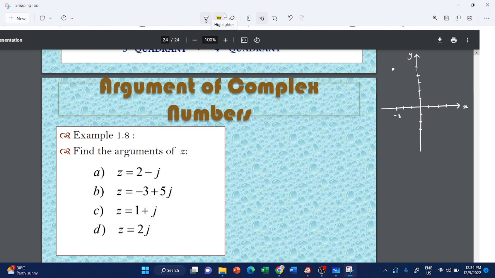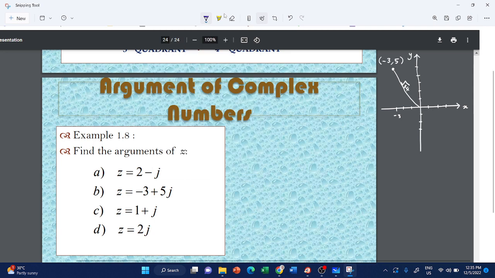The coordinate is -3 and 5. So the straight line is here. This is square root 34. The radius is square root 34.